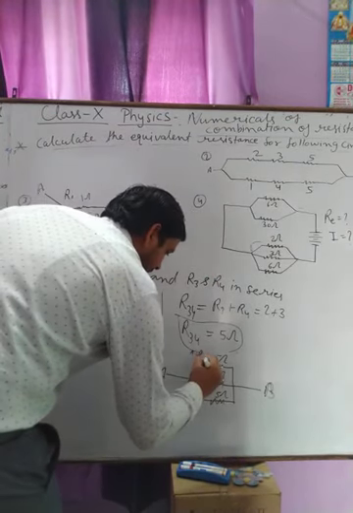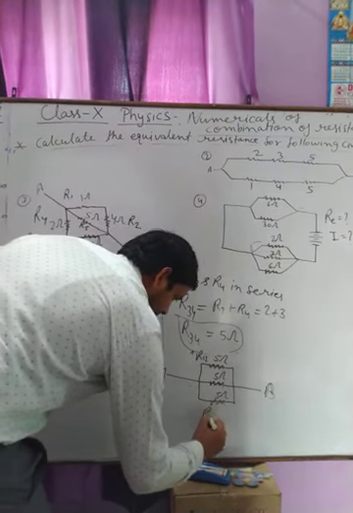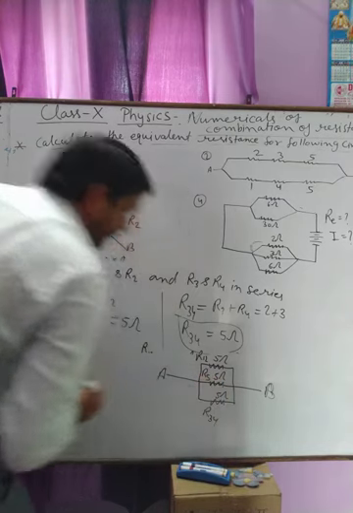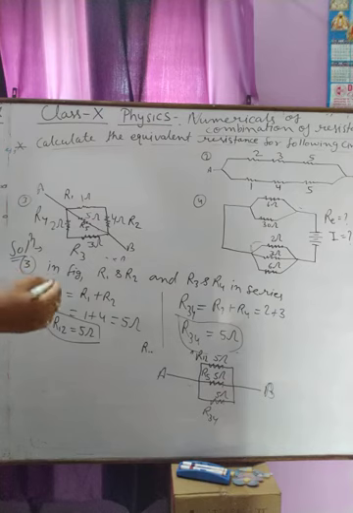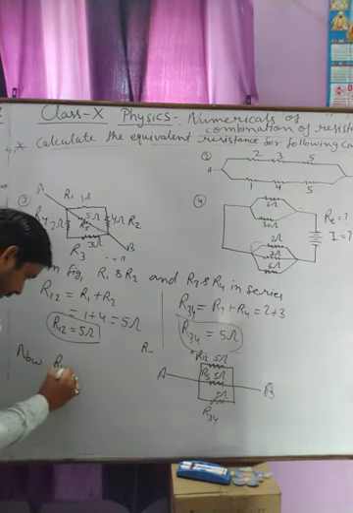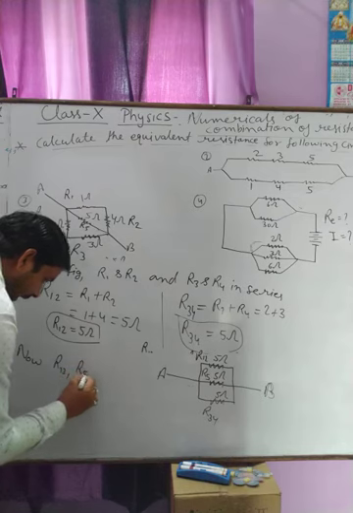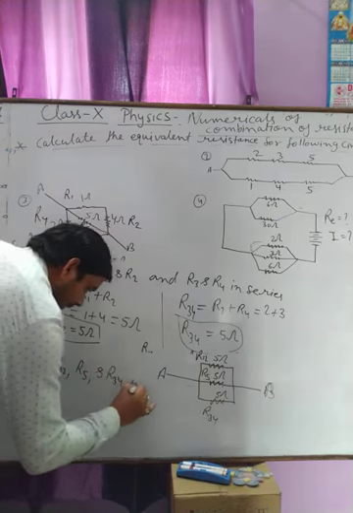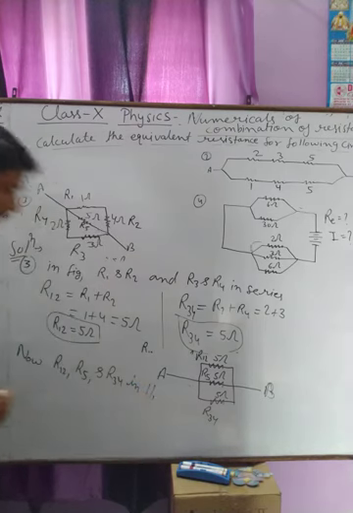This is R12, this is R34, and this is R5. Now R12, R5, and R34 are in parallel.